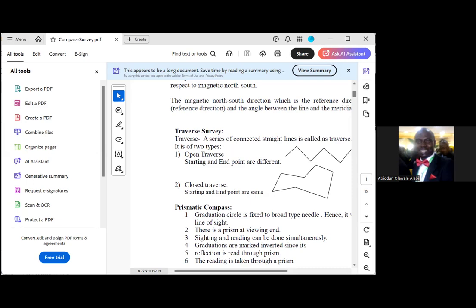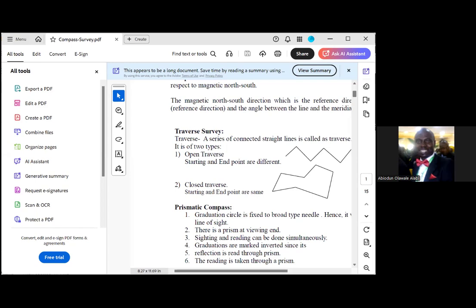Having talked about that, we looked at some simple calculations, how we can minimize or remove error in our measurements as far as linear measurement is concerned, where we are looking at sag error, error due to tension applied to the tape, and error due to temperature. I hope you can still remember you have the materials.